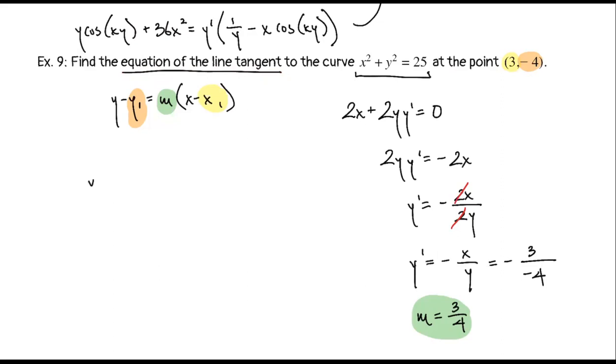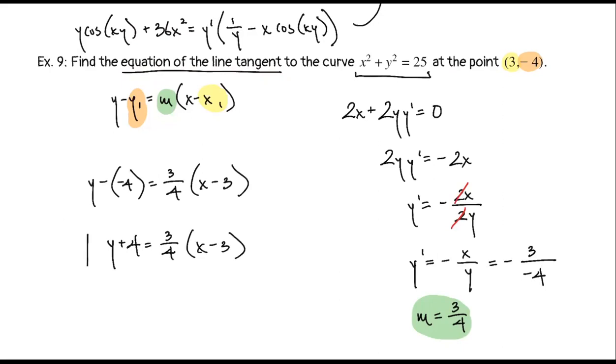So we get y minus -4 equals 3/4 times (x minus 3). This is absolutely fine. This is also fine. Please do not simplify beyond this.